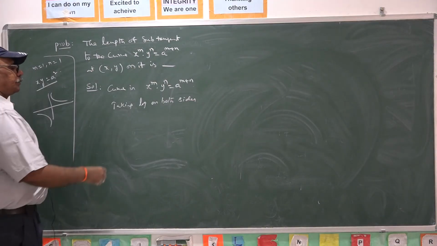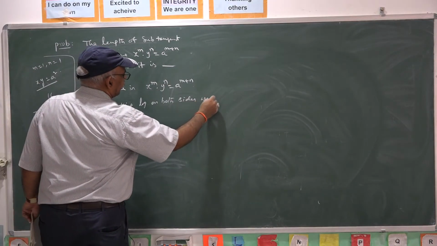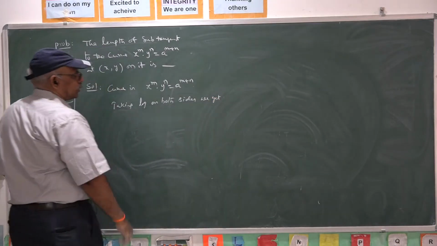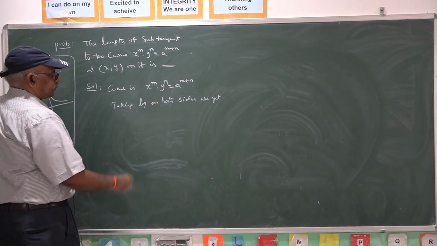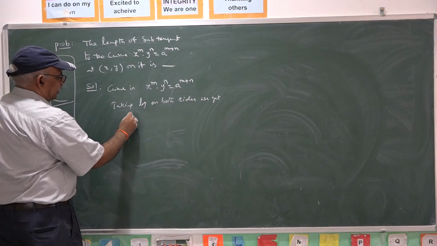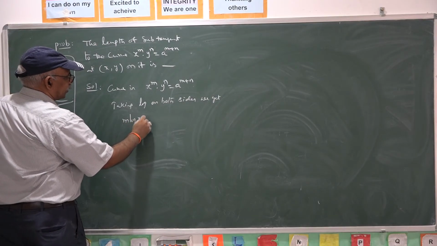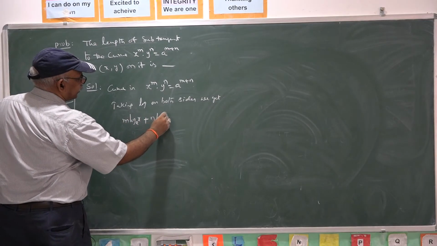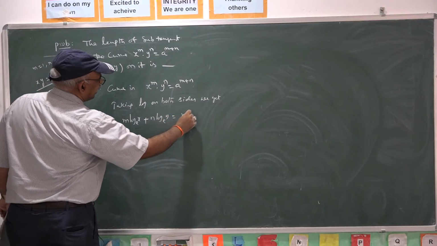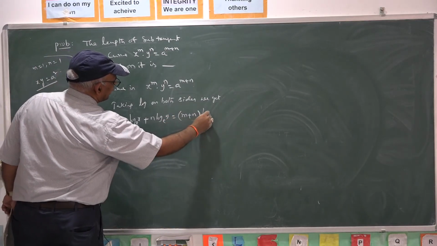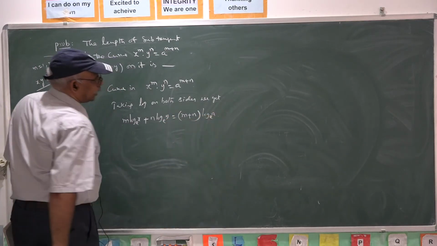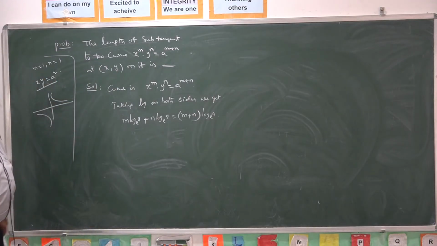To simplify the differentiation, I am taking logarithm. We get m log x to the base e plus n log y to the base e equal to m plus n log a to the base e.